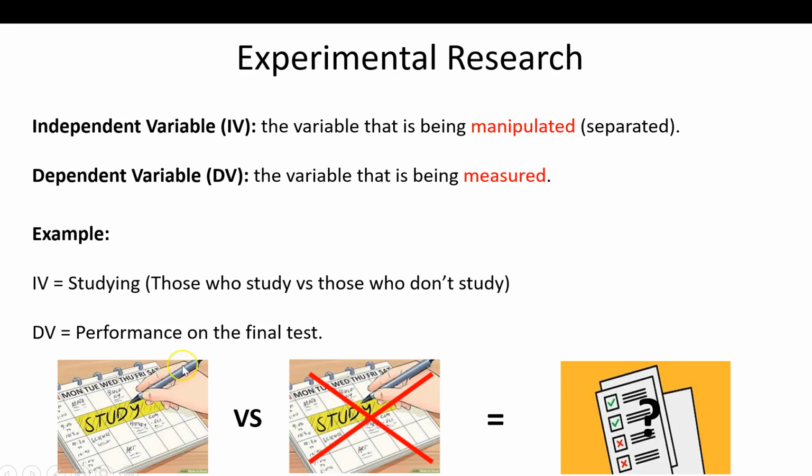So we would split the groups between those who study versus those who don't study, and that would be our independent variable. And we want to test their performance on the final test, and that would be our dependent variable. That's what we're going to be measuring.